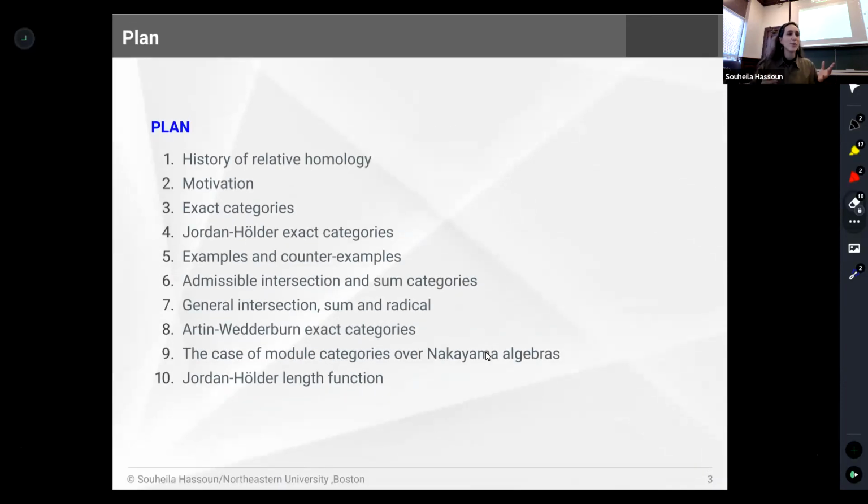My plan is to motivate the subject, like why we are interested in studying relative homology and what are the topics that are related to it. And then I will define the categories we work on. Then we'll give some examples and some consequences of having this nice property on certain categories, like what does it give us.